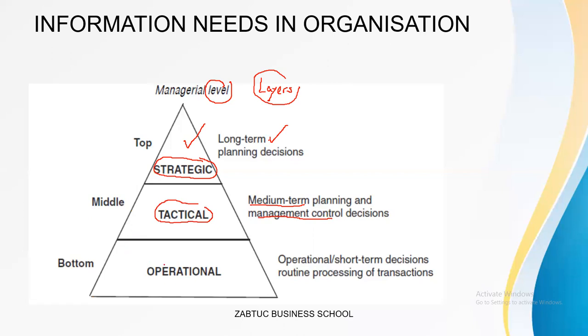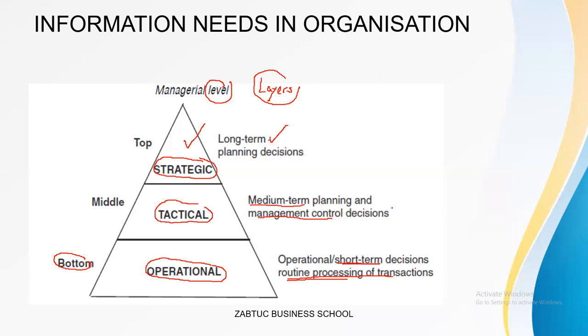We've got people at the bottom of the organization who are responsible for the operations. Operational level management: people who are responsible for making short-term decisions or routine decisions, and where we find routine processing of transactions.